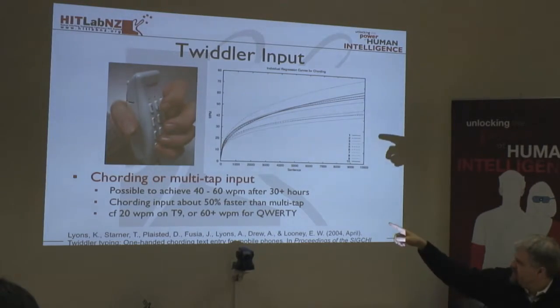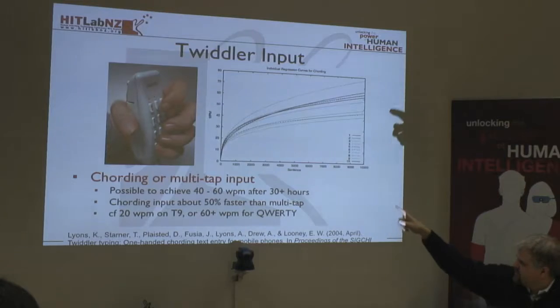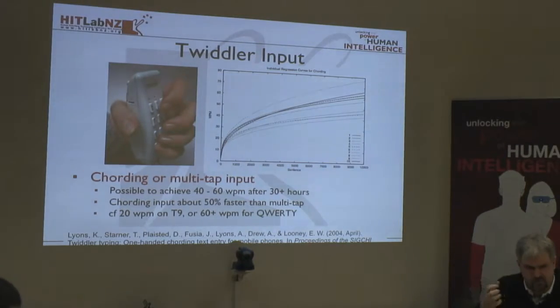On the keypad there are just 12 keys, but if you push them together, you can type quite fast. People have shown that you can get between 40 and 60 words per minute after practicing for about 30 hours. So it's almost the same speed as typing on a normal keyboard.